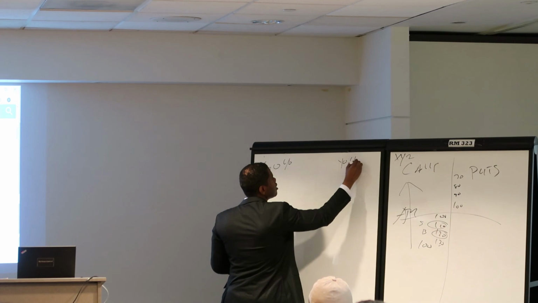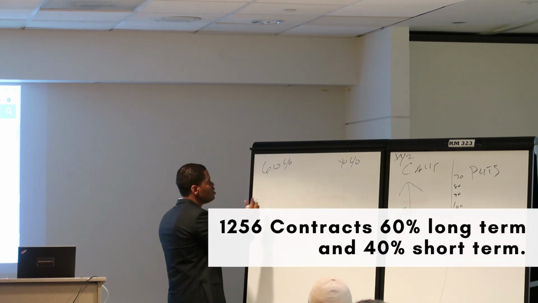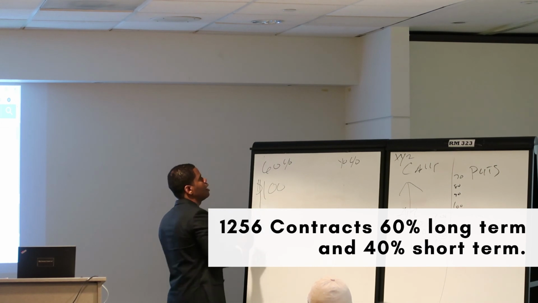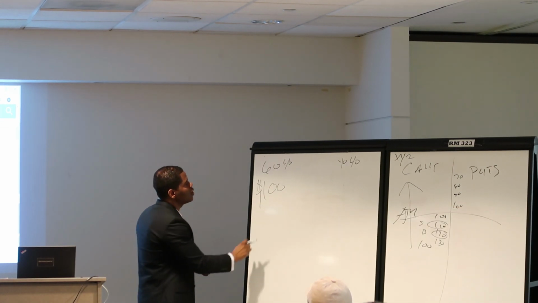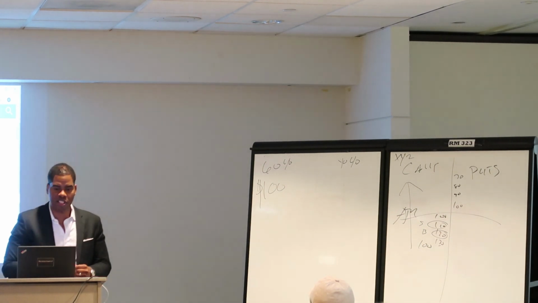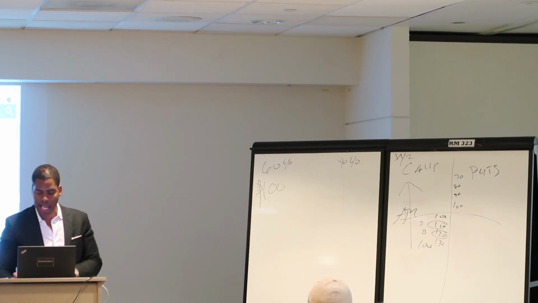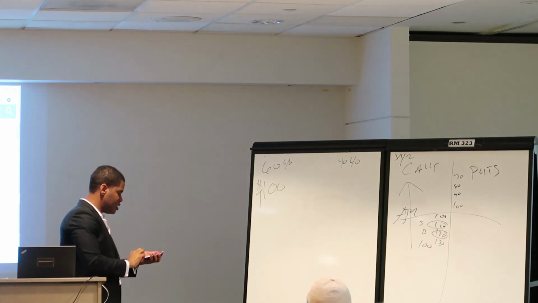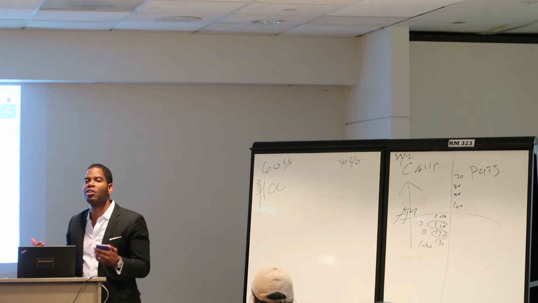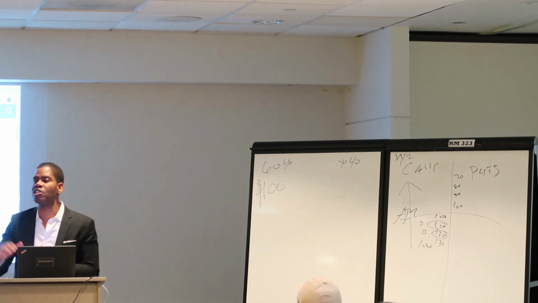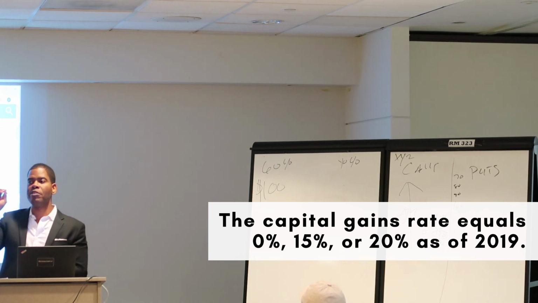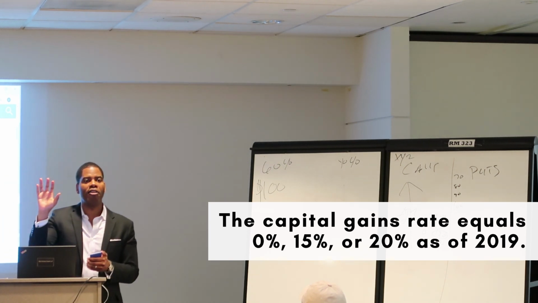40% short-term. All right, so let's say you made $100. 60% of that is going to be considered long-term capital gains, right? So let's say $60. And let's say you're in the highest tax bracket, so your capital gains rate is 20%, right? The capital gains rates are 0, 15, and 20%, okay?